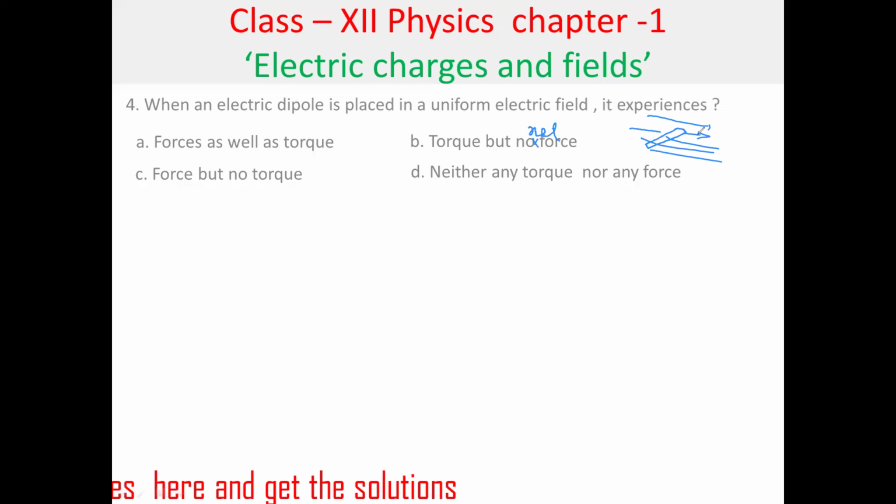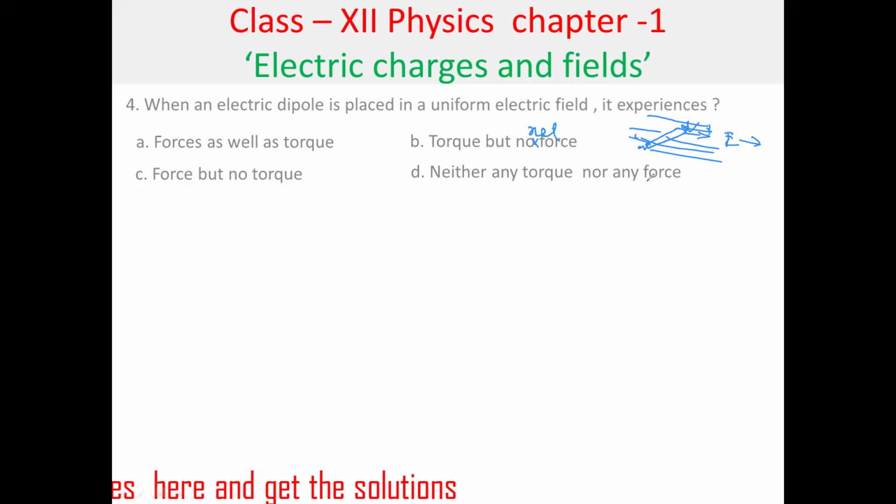Force will be there because the electric field is working in this direction, and this is the dipole moment, dipole Q. So there will be a force in this direction and another force in this direction.